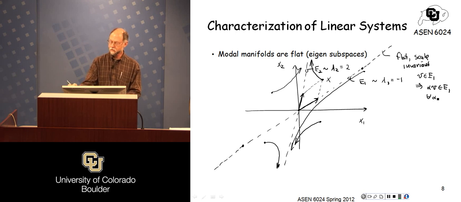You recognize this from the vector space subspace formalism: this set is closed under scalar multiplication. It makes it a subspace. So these things are flat. They extend to infinity.